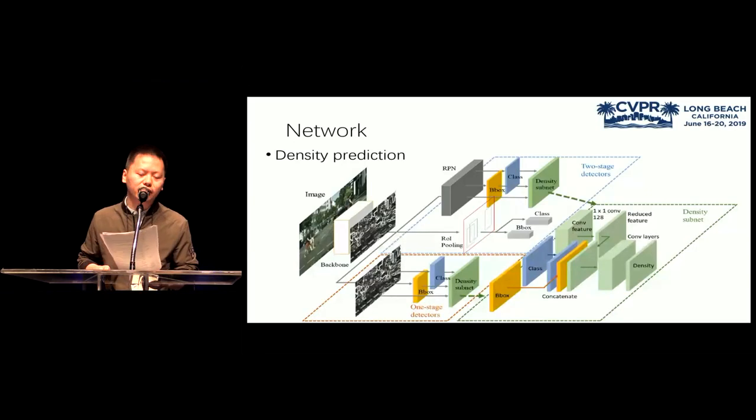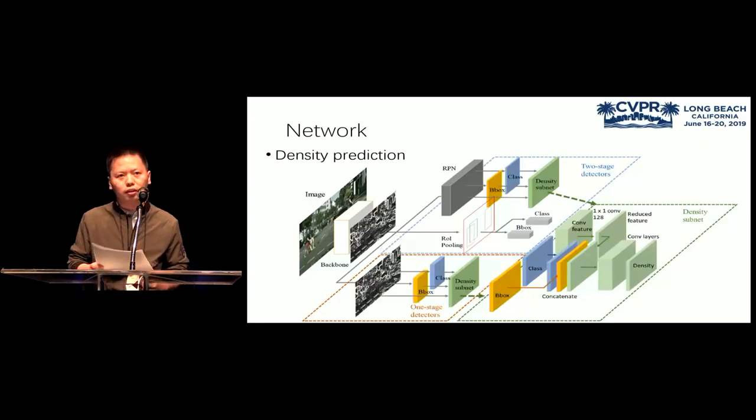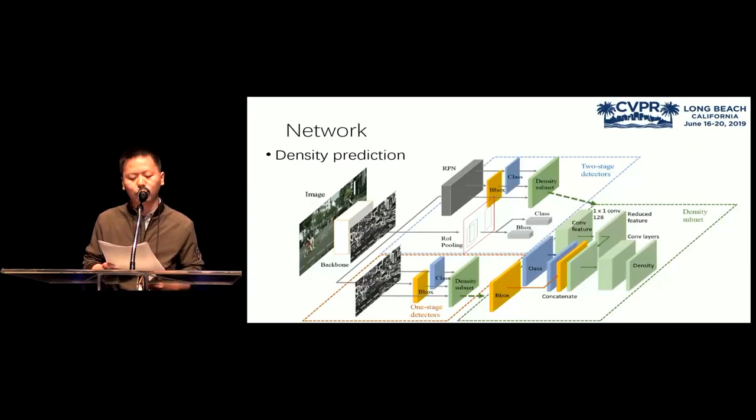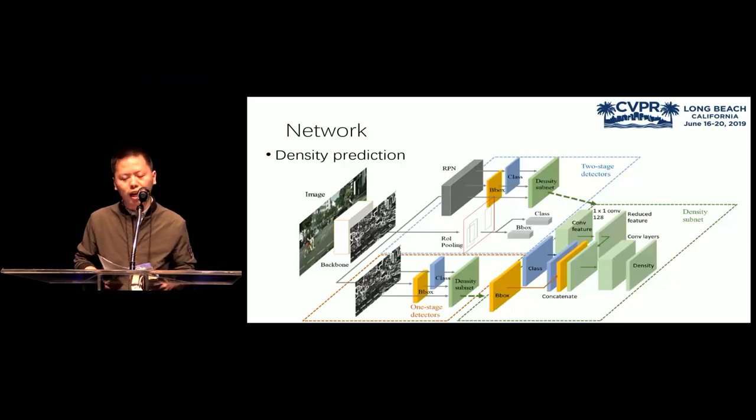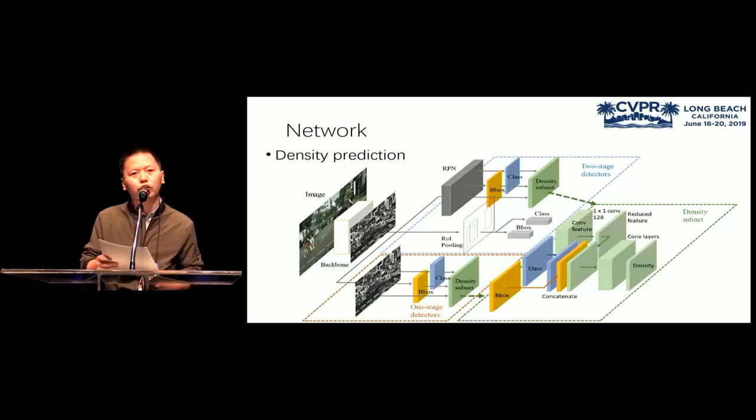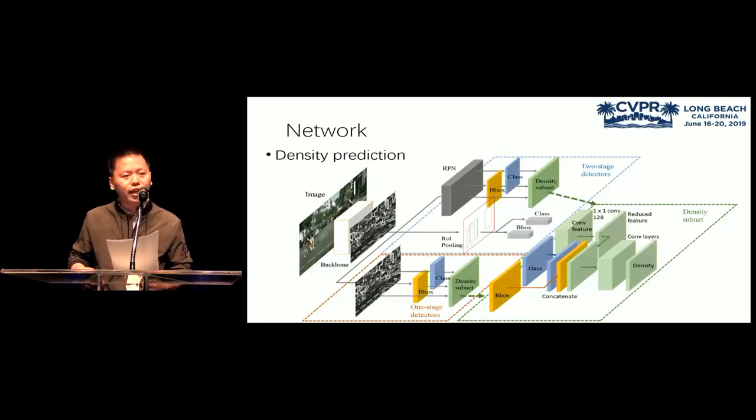So we designed a subnet to predict the density, just like predicting locations and classifications. The subnet takes the bounding boxes, the classifications, and the reduced CNN features as input, and then predicts the density for each proposal. This subnet can be added to both two-stage detectors behind the RPN and one-stage detectors.